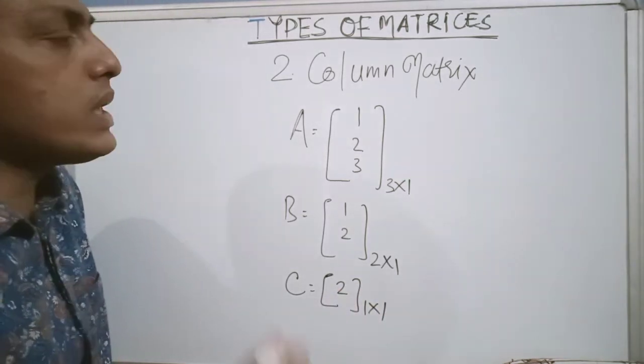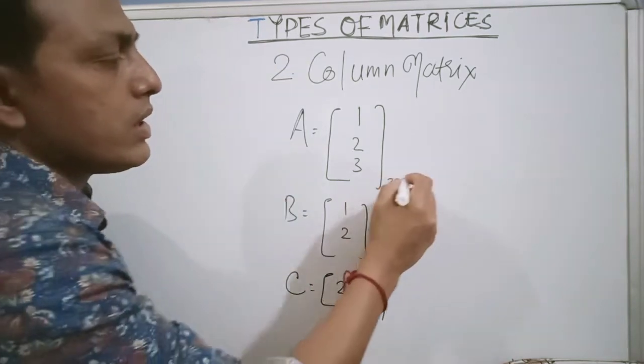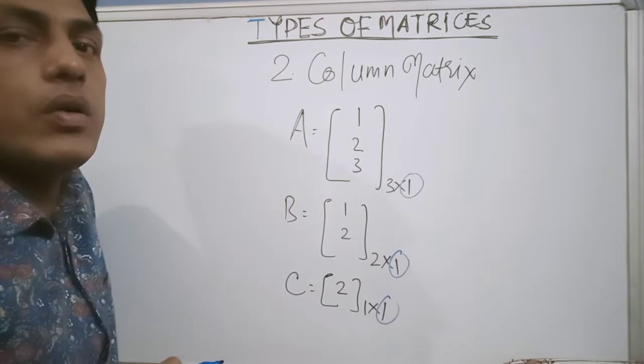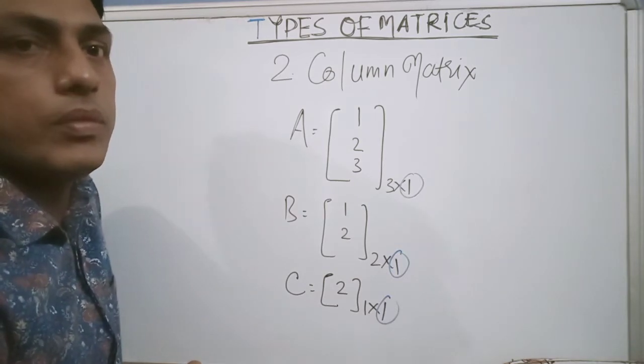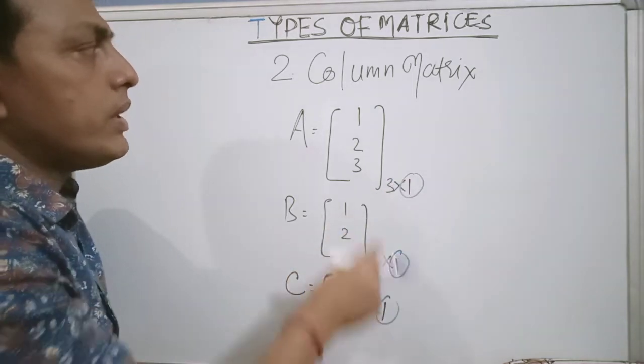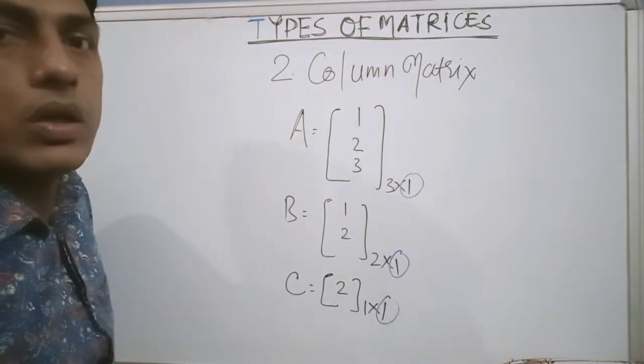So what is the common among all the 3 matrices? Every matrix has only 1 column. So if a matrix has only 1 column, it is called column matrix.